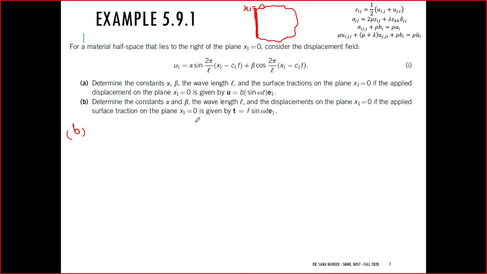Okay, so determine the constants alpha and beta, the wavelength lambda, and the displacements on the plane x1 is equals to 0 if the applied surface traction on the plane x1 is equals to 0 is given by this. Okay, so now we're in business.